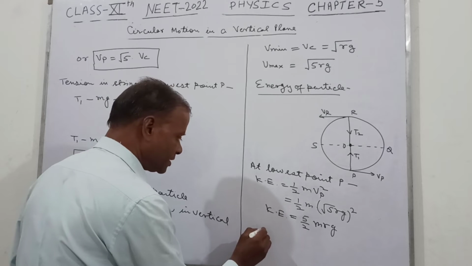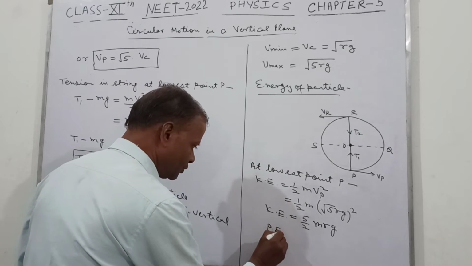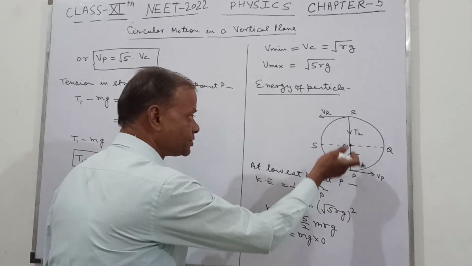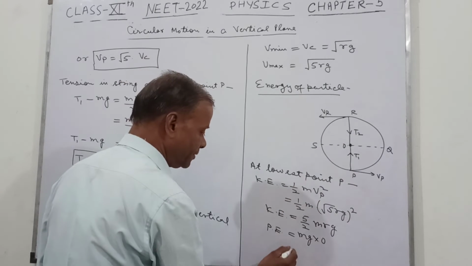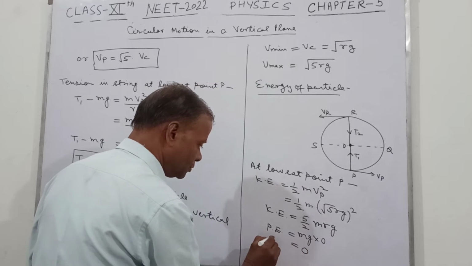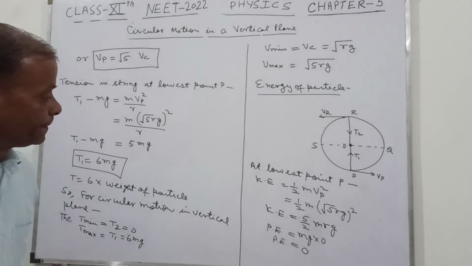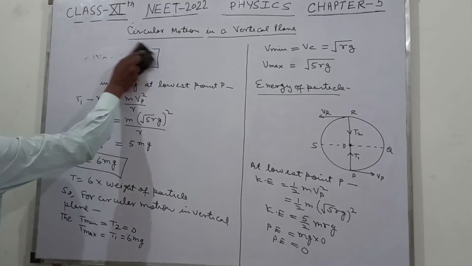Then what about the potential energy? Potential energy is equal to mgh, and h is 0 at this point P. So this is equal to 0. So potential energy is equal to 0. So what we have? The total energy is how much?